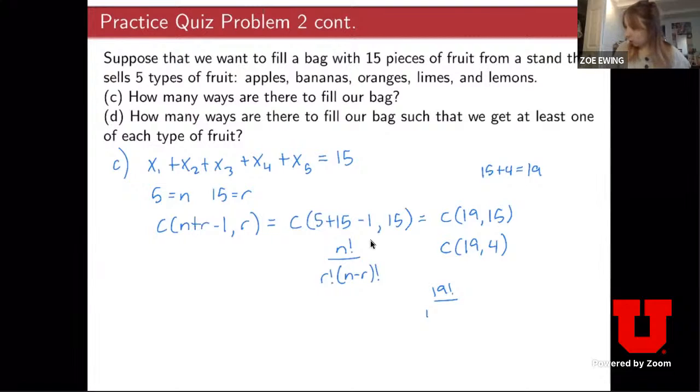Okay, so part D. How many ways are there to fill our bag such that we get at least one type of each fruit? This is similar to the examples that we had in lecture. I'll just copy this formula down. How do we adjust this formula to match that we have at least one type of each fruit?